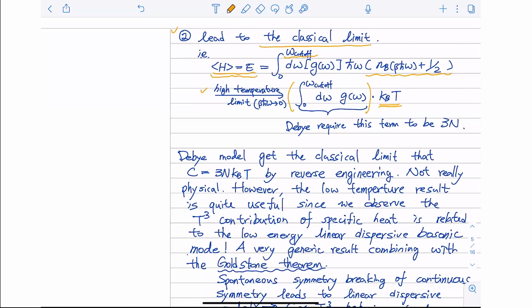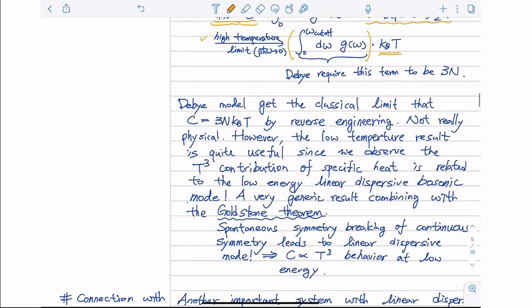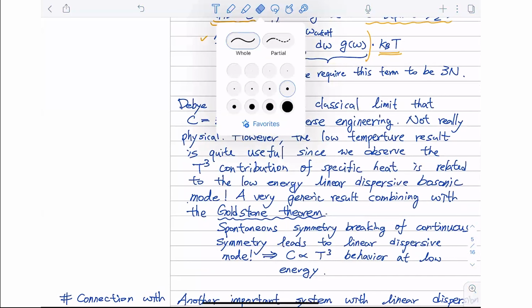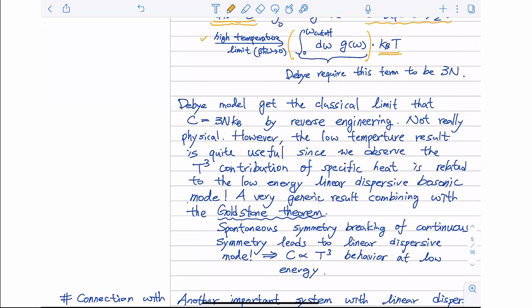So that's the reason why Debye requires this term to be 3n, because if it is required to be 3n, basically we get back the result that is predicted by the equipartition theorem. So to some extent, the Debye model gets the classical limit, basically C equal to 3n kB, by reverse engineering the calculation. And it is not really physical.